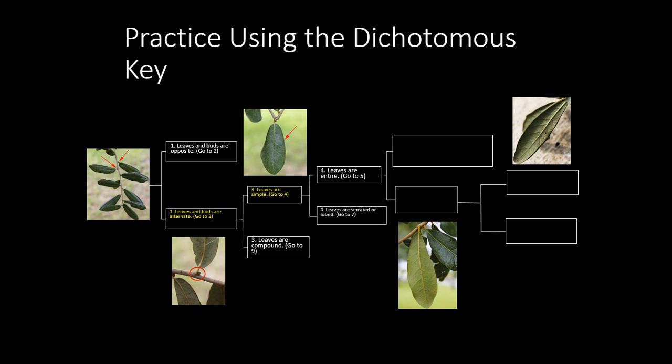Okay, so the next question is, are the leaf edges entire, or are they serrate and lobed? If you look at that picture, off to the left and up, you'll see an arrow pointing to the leaf edge, and we do not have any sort of teeth or projections in that picture. These live oaks can be a little tricky.